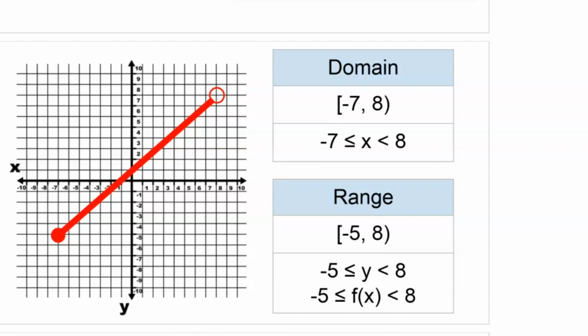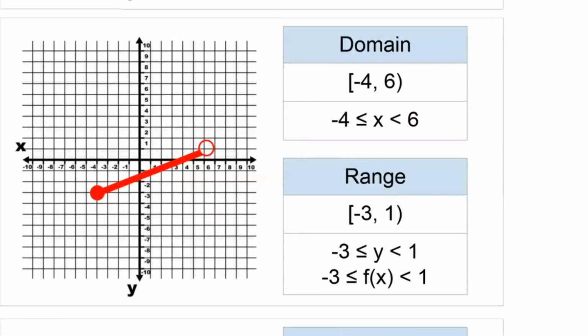And it has that open circle, so y does not equal 8. And then I did give two examples here in the inequalities, because if you write it in function notation, then instead of y, you would put f of x. But both of those mean the same thing. Here's another example of a graph.